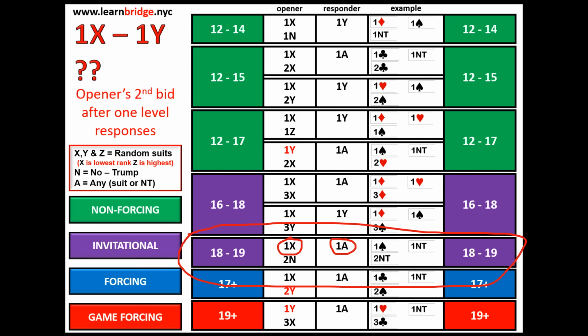Could be one diamond, one heart, two no, or it could be, as the example shows here, one spade, one no trump, two no trump. Anytime this happens, one, one, two no, it shows 18 to 19 balanced, and that is still in that invitational category. And what I'll say is, this is what I would refer to as highly invitational, meaning it's rarely ever going to be passed. Because think about it, partner has shown 6+ points, and I have 18-19. It's unlikely we're not going to be in game.